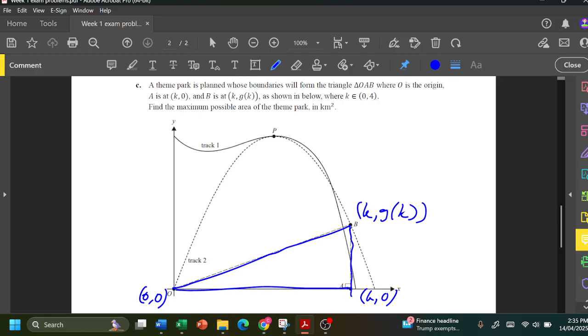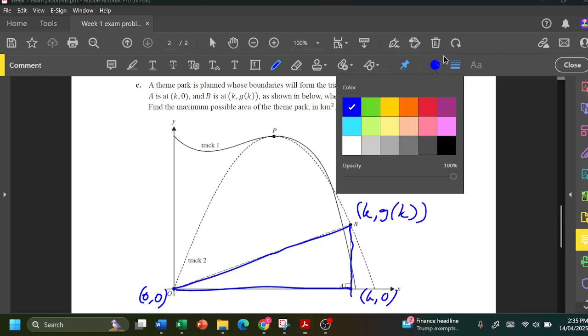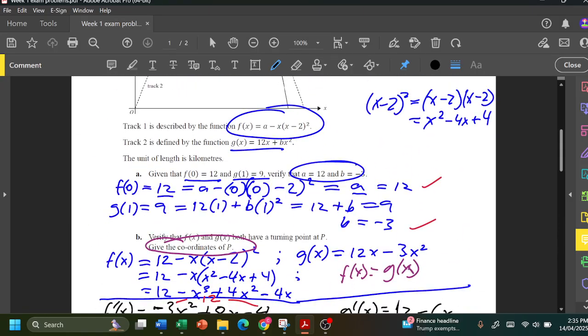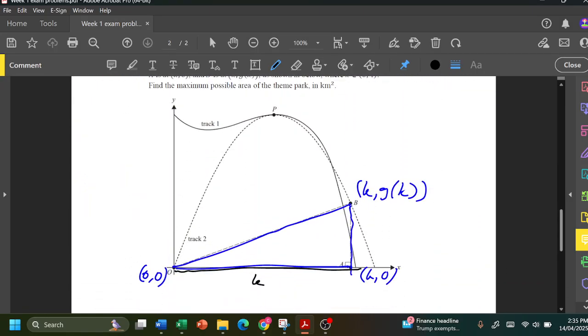Okay, so let's just consider this triangle here for a minute before we move on with the question. What do we know about this triangle? Well, the distance from here to here, we can see is just k, right? So that's the distance from 0 to k. So the length of that is k kilometers. Just remember, I said earlier that all of the units are given to us in kilometers, so that's k kilometers.